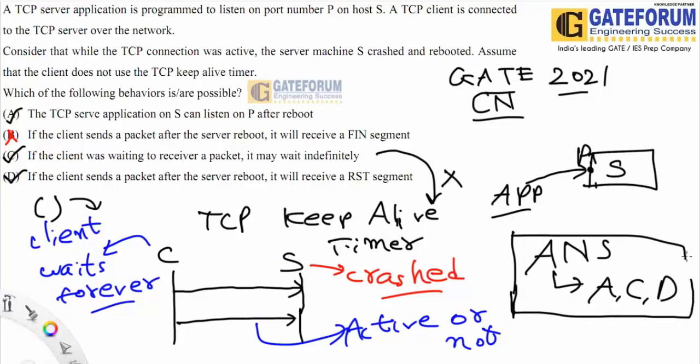C, because the client is not keeping any keep alive timer, so it might be waiting for a longer period of time. And D, because if the client sends the packet after server reboot, the connection does not get established automatically, so the server sends the reset signal. This is a somewhat complex question. Try to understand the question, and the answer is basically ACD.